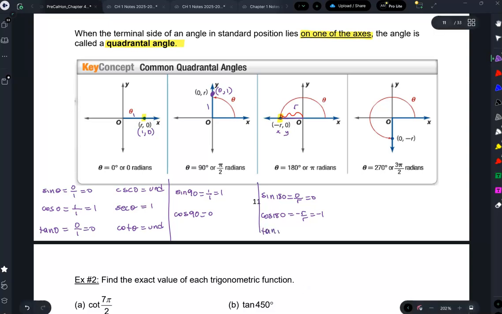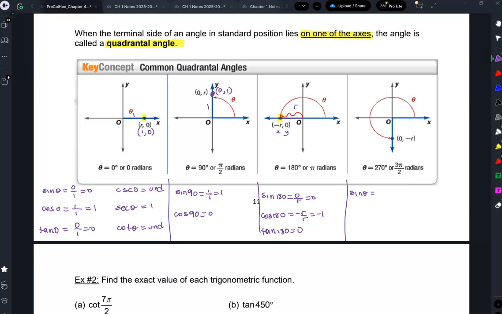Why do you make it negative 1? Because you can make it negative 1, or you can just keep it generic and say, just like we said, we have a point here, x. You can also say this is a point negative r, right? Here, at 270 degrees, the coordinate is 0, negative r. So what would sine be in that case? Negative r over what?